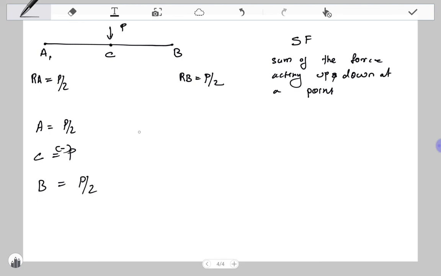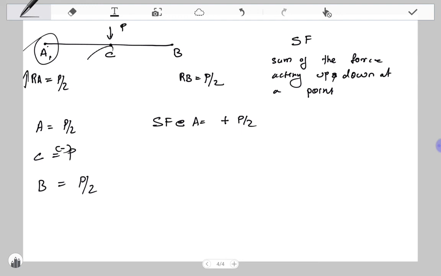Okay, so the summation of all the forces acting at the point A is called SF. So SF at point A is equal to, what are the forces acting at point A? Only the reactive force upwards. So that is plus P by 2, right?